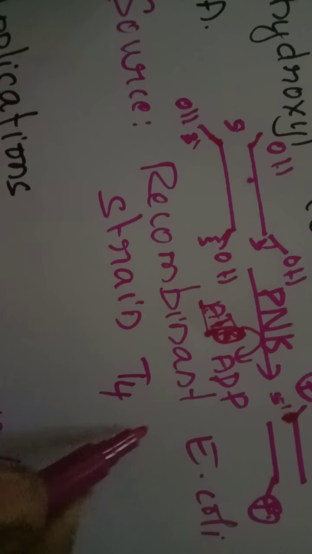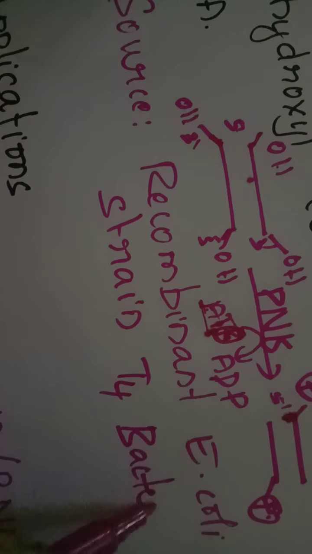This is the activity of polynucleotide kinase. It is known as T4 polynucleotide kinase because it is isolated from the E. coli strain infected with the T4 bacteriophage.